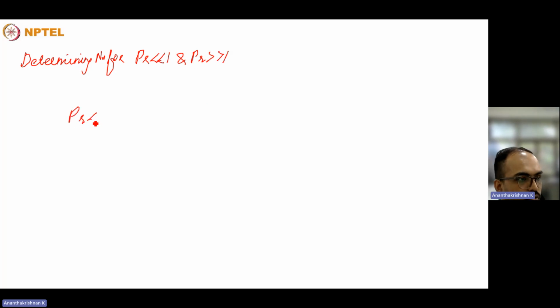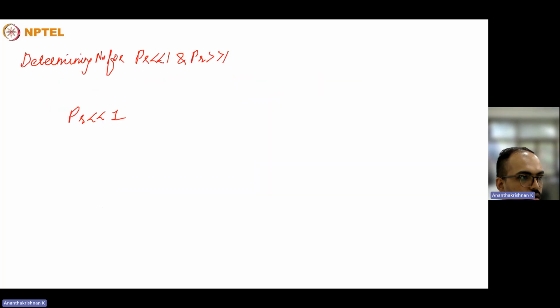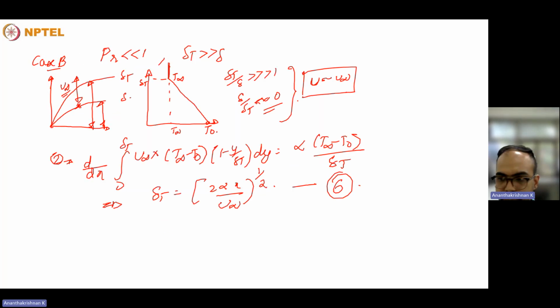Now we can determine the value of Nusselt number. So, determining Nu for Prandtl number less than 1 and Prandtl number greater than 1. For the value of Prandtl number less than 1, in the present case, we can write delta T is equal to 2 alpha x divided by u infinity, the whole power 1 by 2.